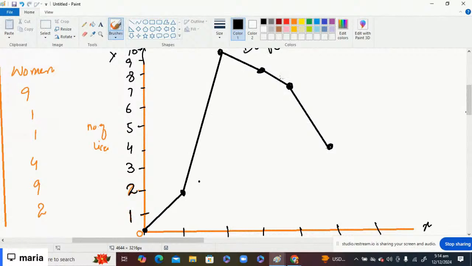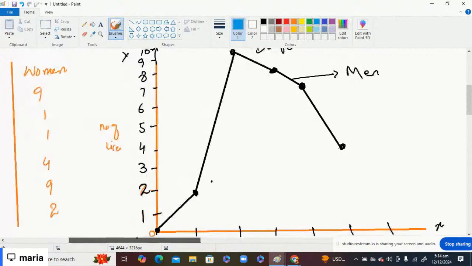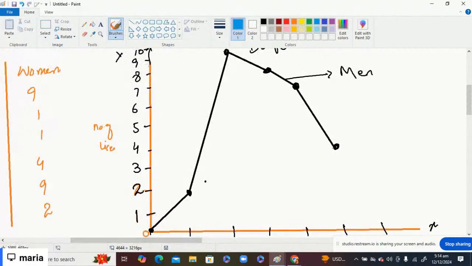Okay, black is showing for the men. Now the blue line is for the women. First of all it's 9, then here it's 1, again it's 1, then for this it's 4, then it's 9, and then for the last it's 2.